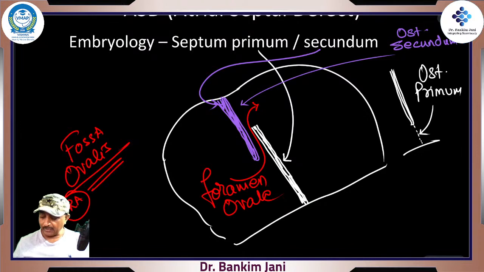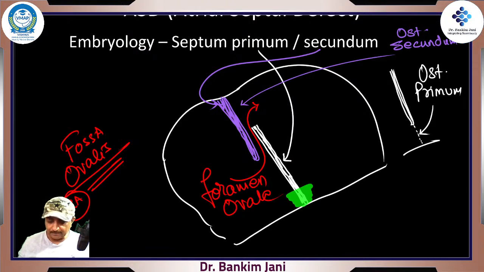Let's say as this septum primum is developing from the top, it fails to touch this part. So there would be a gap over here. This gap would never be filled, because the septum secundum is developing from the top.